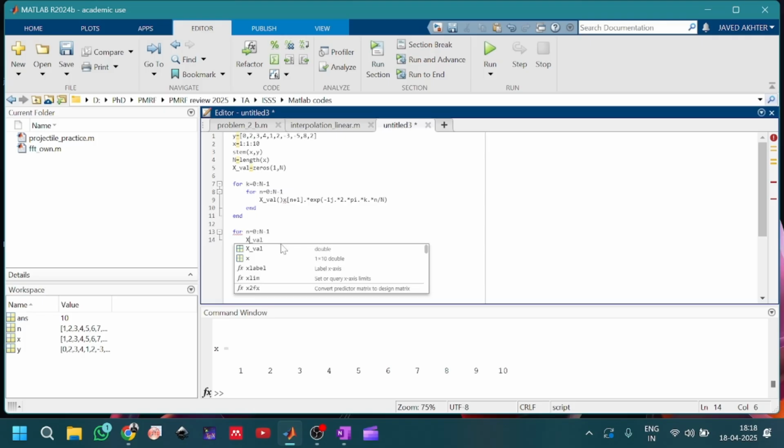x. So in your x, what is the element? Each element you will multiply with this, and you will do the summation.